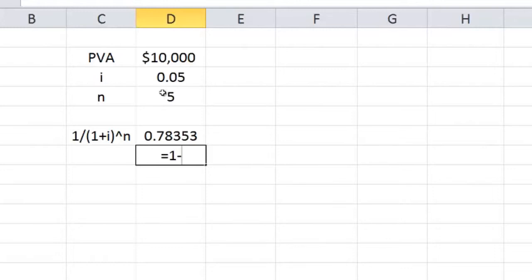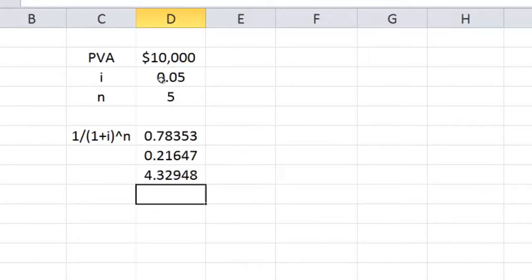We subtract that from 1, and then we divide it by I.